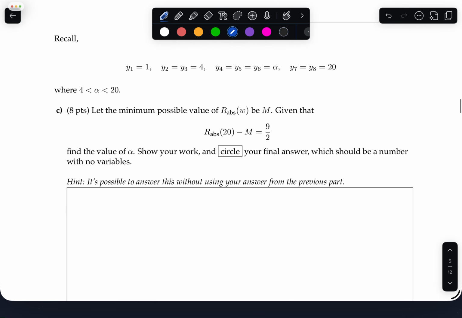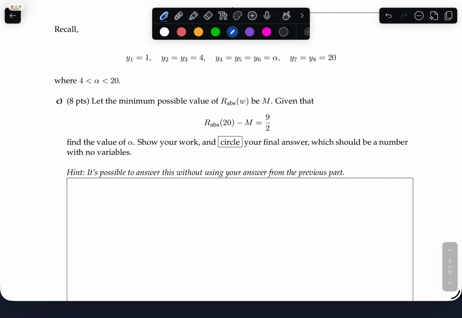Now moving on to part C. We'll follow the hint that it's possible to answer this without using any of our work or answers from the previous parts. So in order to do this, we'll use the slope method. First, we're told that R_abs of 20 minus m, where m is the minimum possible value of R_abs(W), is equal to 9 over 2.